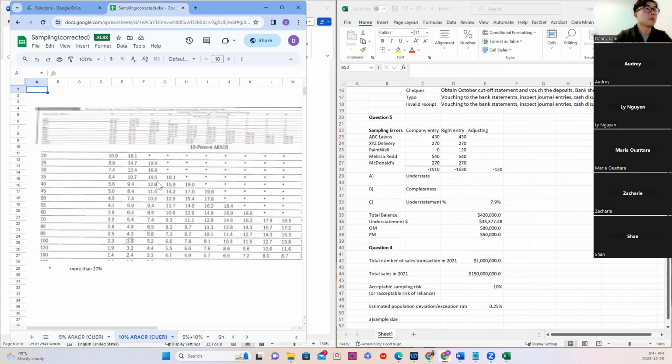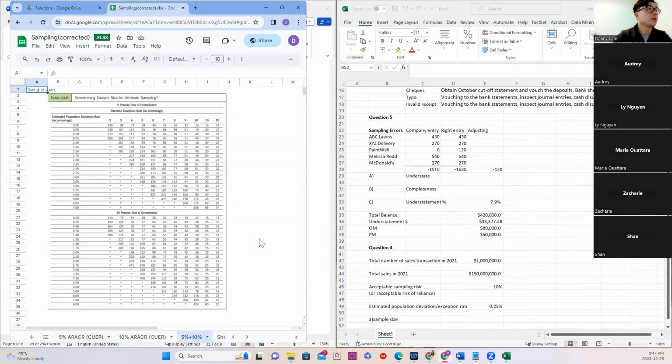And the horizontal, the second one. Because it's 0.25, right? Yeah, 0.25 and then 3. So you get 129. Yeah. So our sample size is 129.